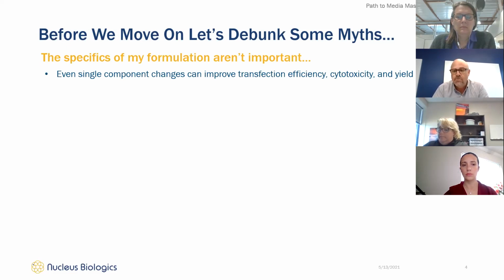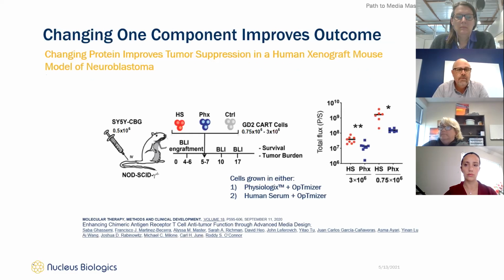This was some fantastic work that was done in conjunction with UPenn, looking at CAR T cells in a xenograft model of glioblastoma. And Saba, since you're the first author and we have the privilege of having you on the call, I would like to see if you want to say a few words to this.